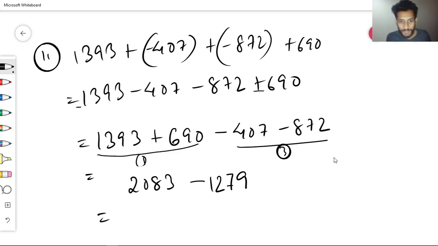So now if I minus it, it will be 4, here 0, here 8, and this is the answer.